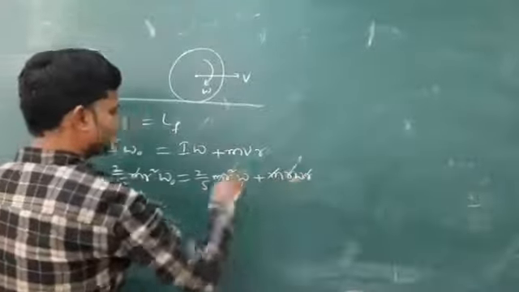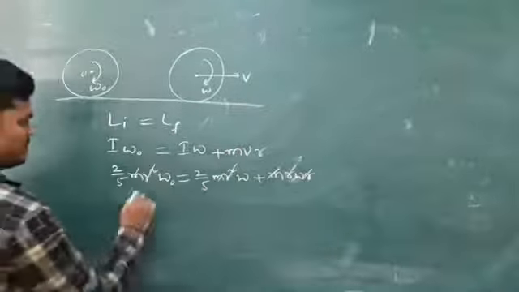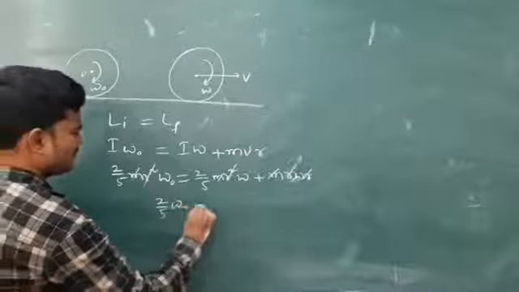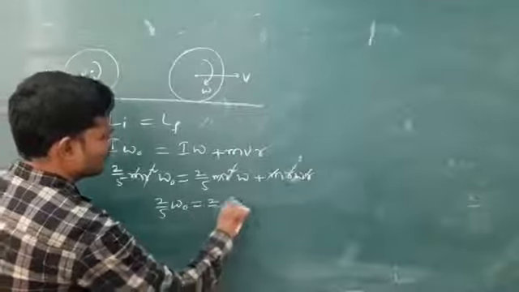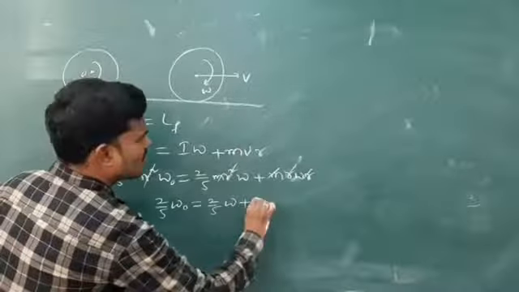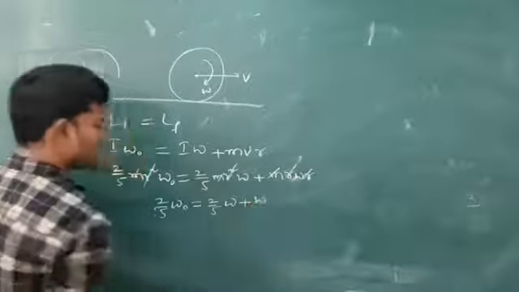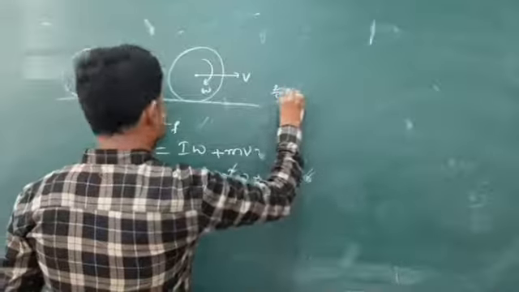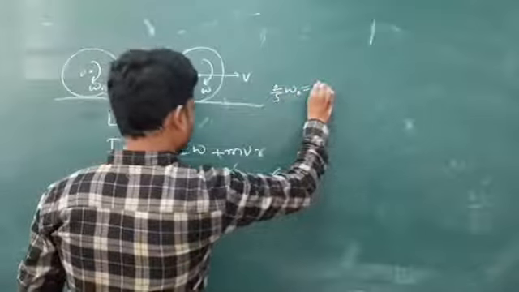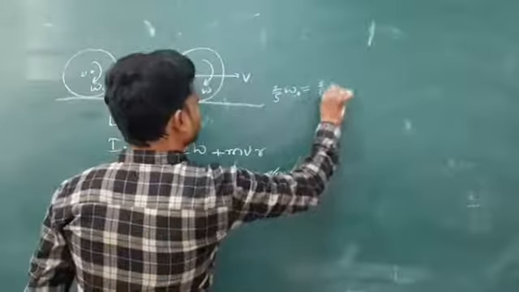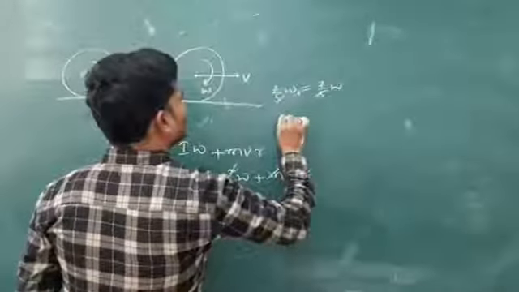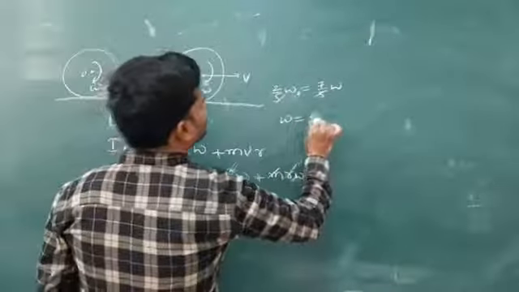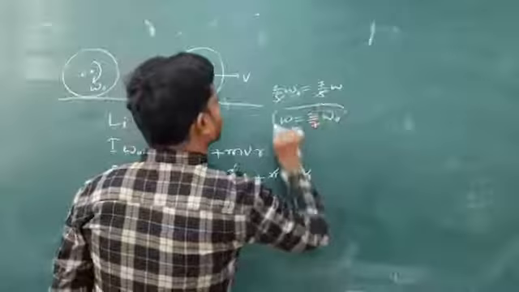So r squared. So 2 by 5 omega naught equals 2 by 5 omega plus omega. So this is 7 by 5 omega. So 2 by 5 omega naught is equivalent to 7 by 5 omega, which gives omega equals 2 by 7 omega naught.